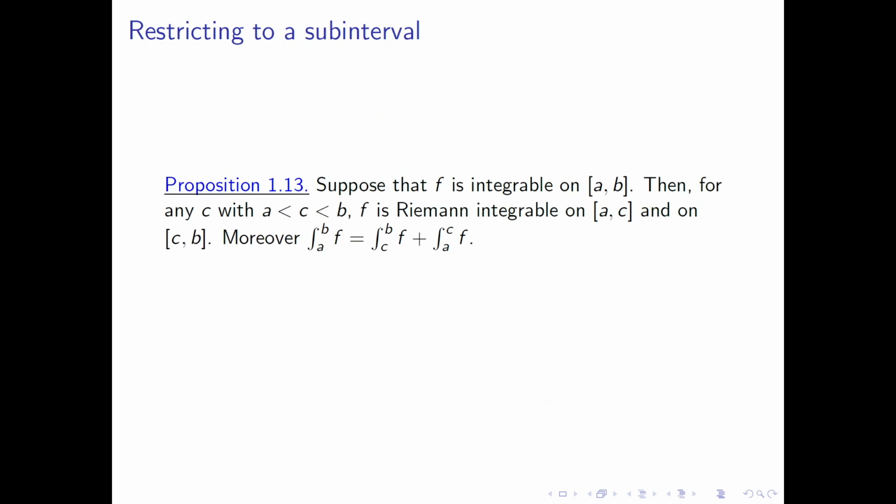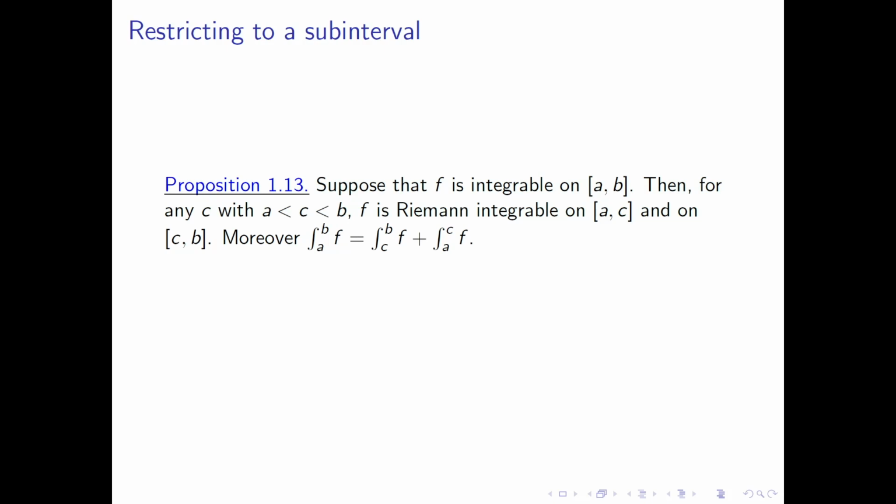Okay, so the next statement we prove is something that you might think you almost don't need to prove. It looks so obvious, but actually it's not completely so. It says, if I've got some function f that is integrable on the interval [a, b], and we divide that interval up into two subintervals, [a, c] and [c, b], then f is integrable on each of those subintervals.